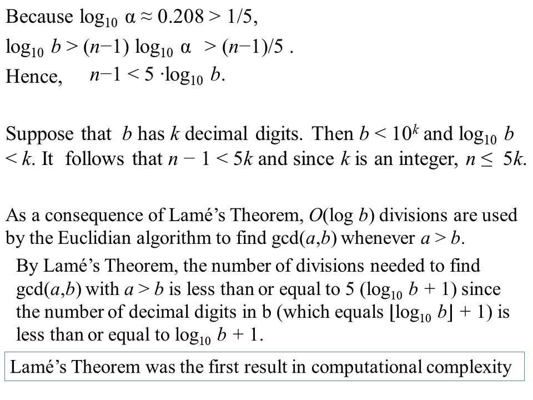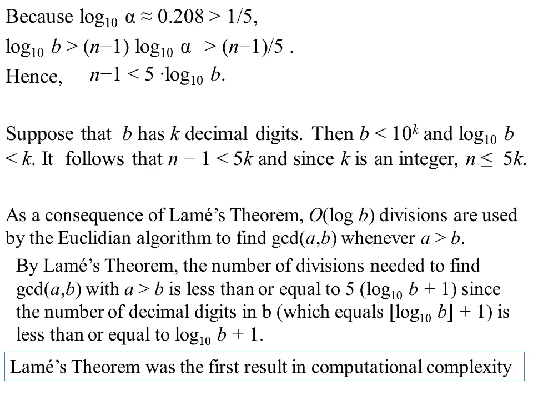Here what is n? N is the number of divisions that we have performed in order to find out GCD of A comma B. As a consequence of Lam's theorem, big O of log B divisions are used by the Euclidean algorithm to find GCD of A comma B whenever A is greater than B.